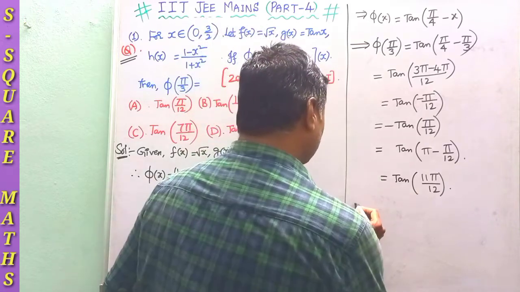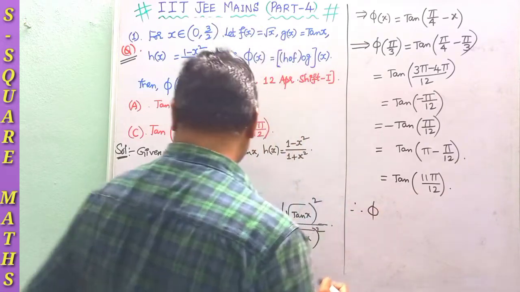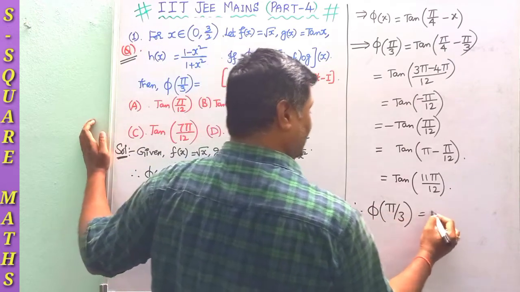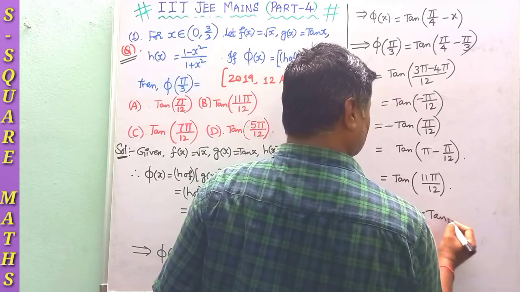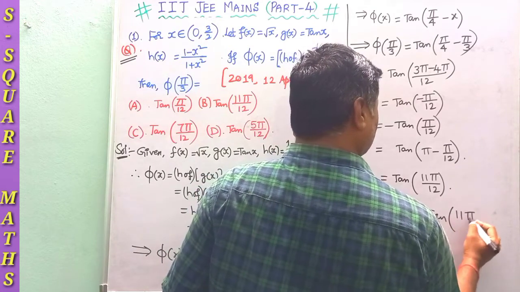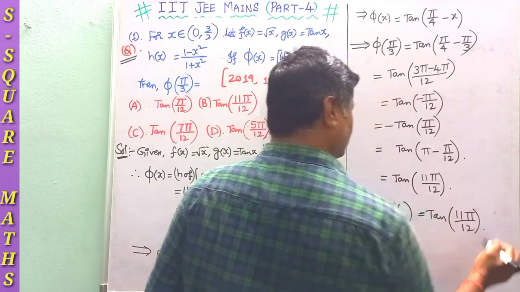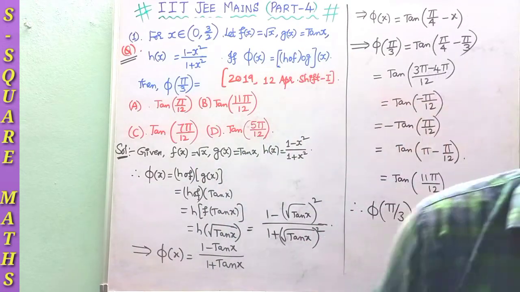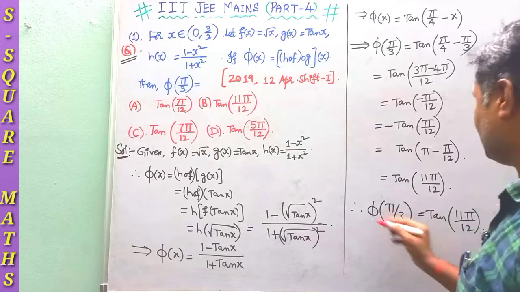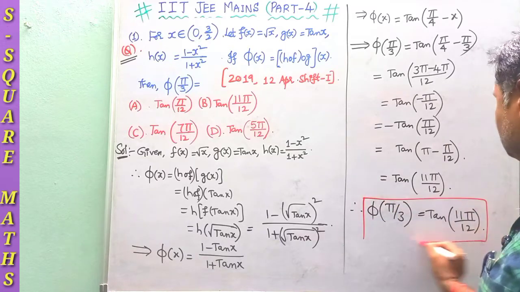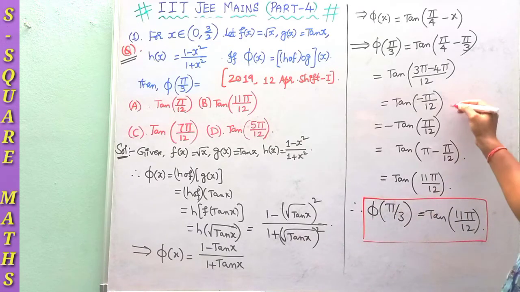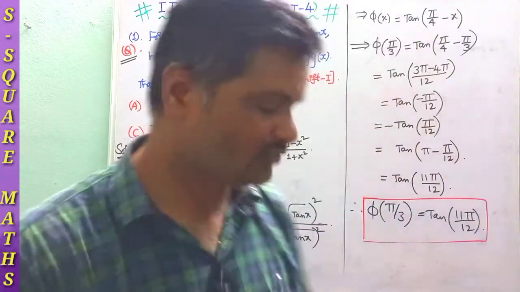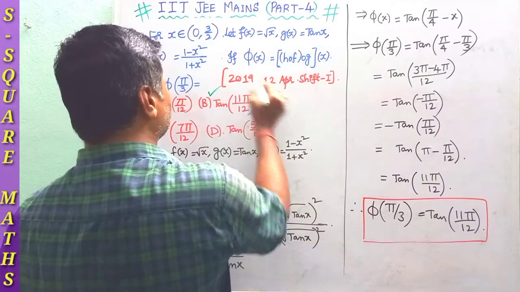Therefore phi of pi by 3 is nothing but tan of 11 pi by 12. According to our options, tan of minus theta is minus tan theta, and the option that fits is option B.